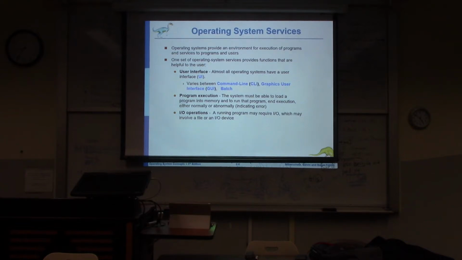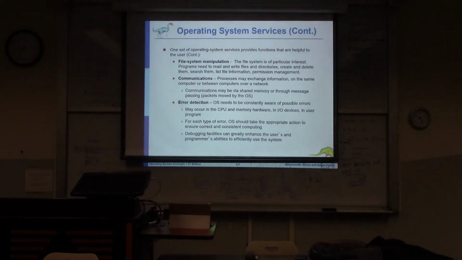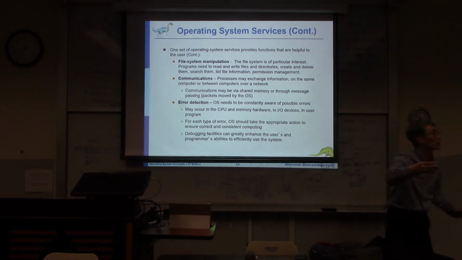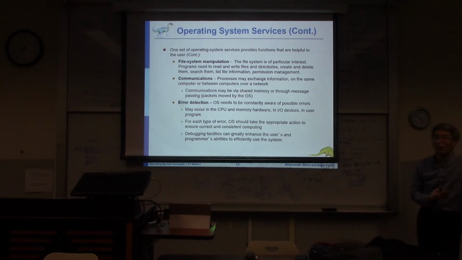And also I/O operation, so managing all the devices. That is another operation. And the file system manipulation, we discussed. Communication is networking, not only external communication like the internet, but internal. How many processes will be created? Many processes.